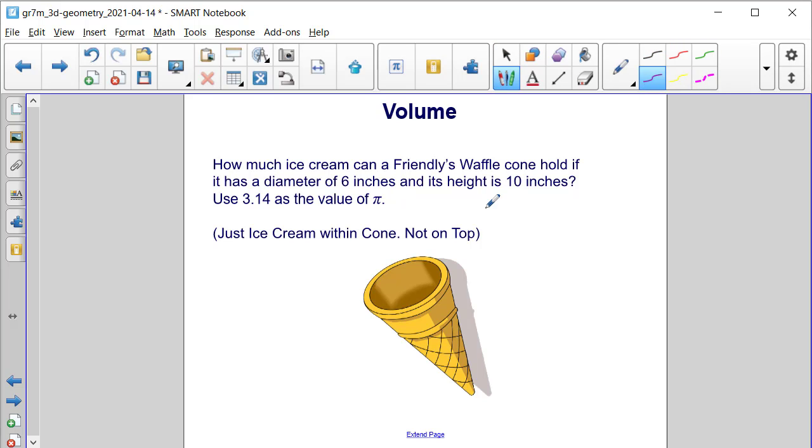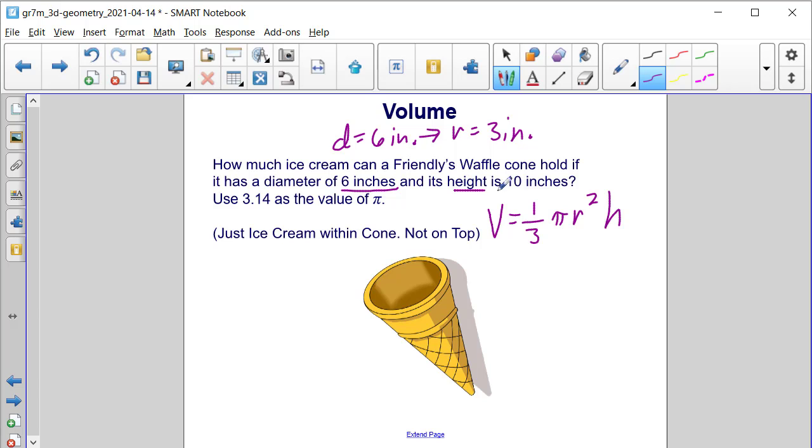So the amount of ice cream that will be able to fit inside of the cone is equivalent to the volume of the cone. And the volume of a cone is equal to 1/3 times pi times the radius squared times the height. Well, we know its diameter is 6 inches. So d is 6 inches, therefore its radius is 3 inches.